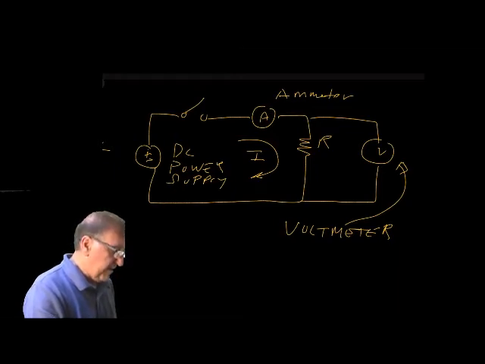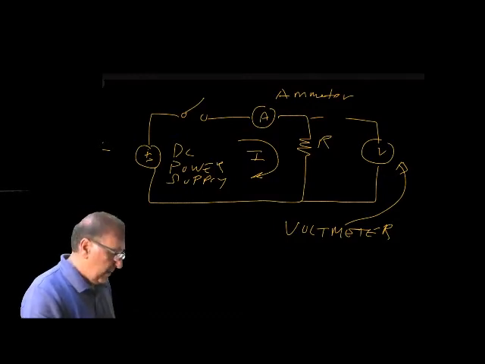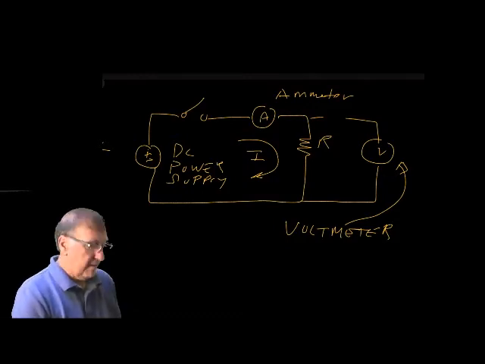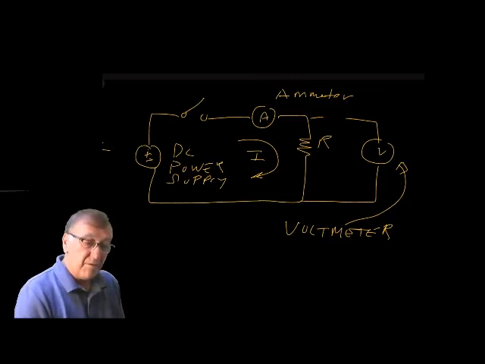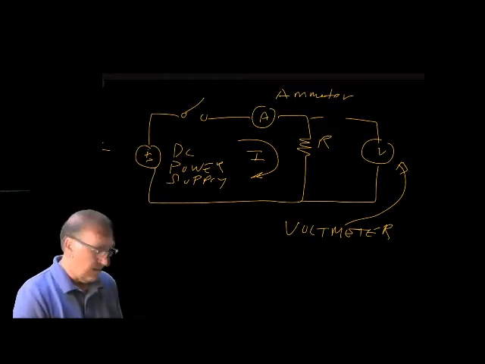If I lift the voltmeter wire, nothing changes in the circuit. The current still flows through the ammeter and the resistor. The voltage is measured across the circuit. I think that's the important thing to note here.